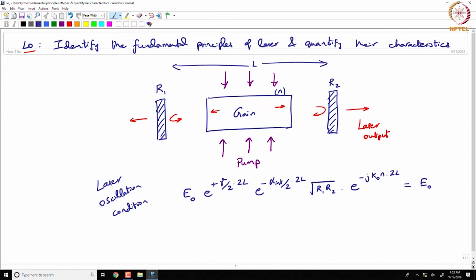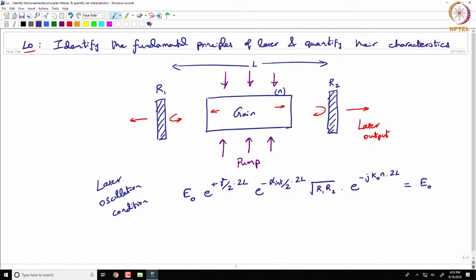Essentially what we are saying in writing all of this down is you are able to sustain the fields upon consecutive round trips, such that the gain that you have is enough to offset all the losses within the cavity, and then you are able to sustain the fields within this structure.